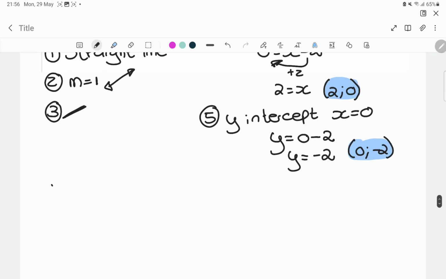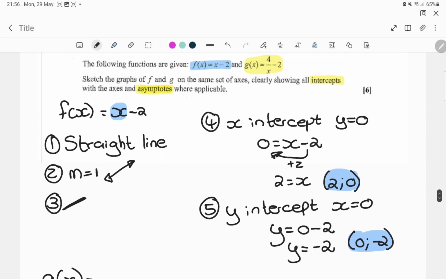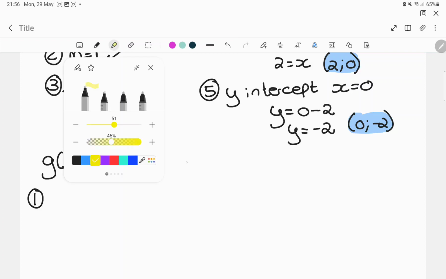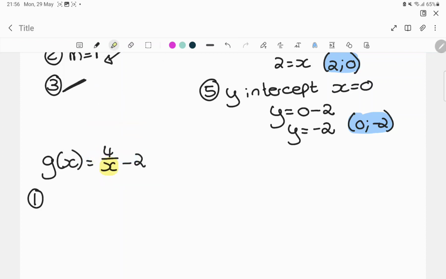Alright, now let's quickly have a look at g of x. So g of x is equal to 4 over x minus 2. What type of graph is this? Well, the fact that my x is in my denominator, underneath my fraction, means that this is a hyperbola.